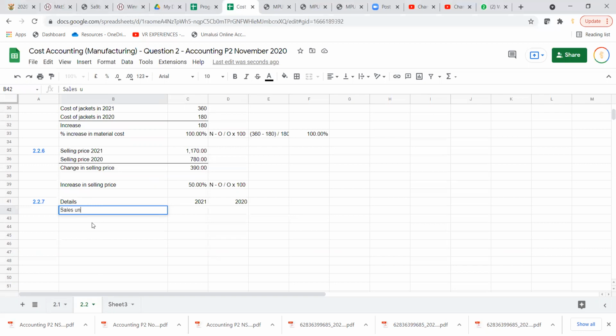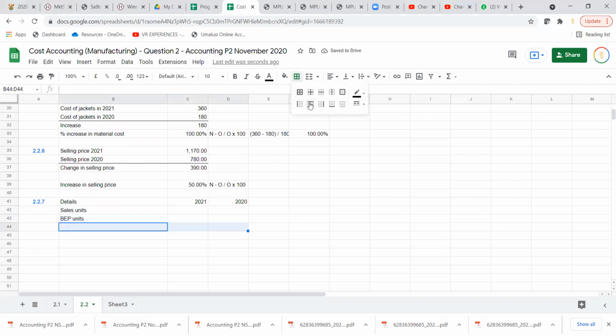Sales units, break even point units, excess units.